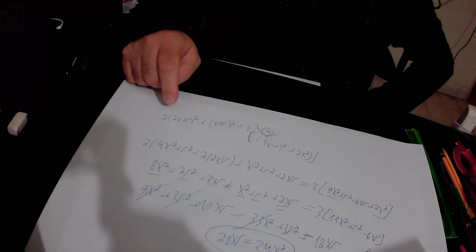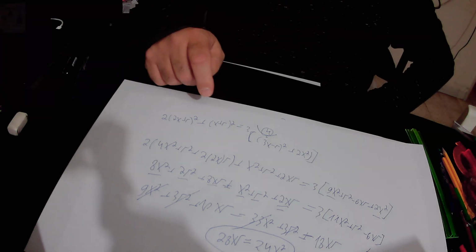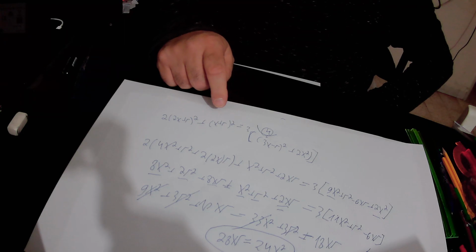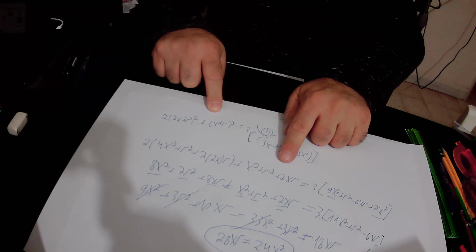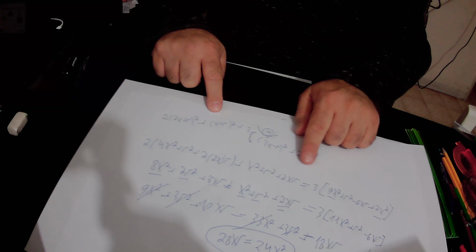So it is 2 times all inside the brackets plus x plus R square equals x square plus R square plus 2 times xr.